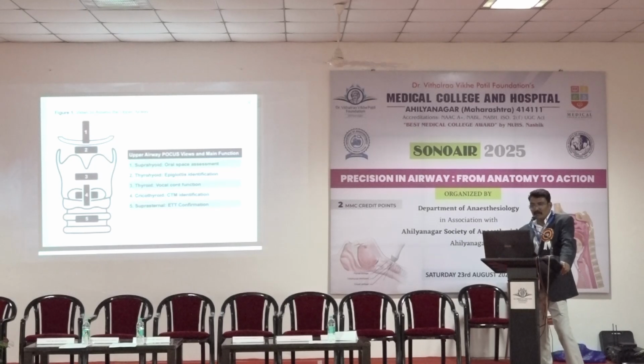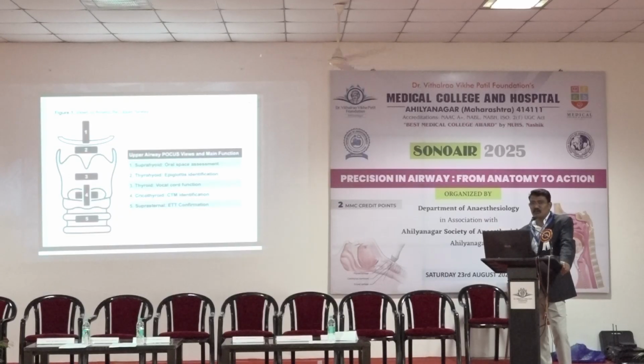At number 4, it has shown a plus sign, that is, the probe can be placed in a longitudinal direction as well as in a horizontal direction, so as to identify the cricoid membrane or the space behind the cricoid membrane.